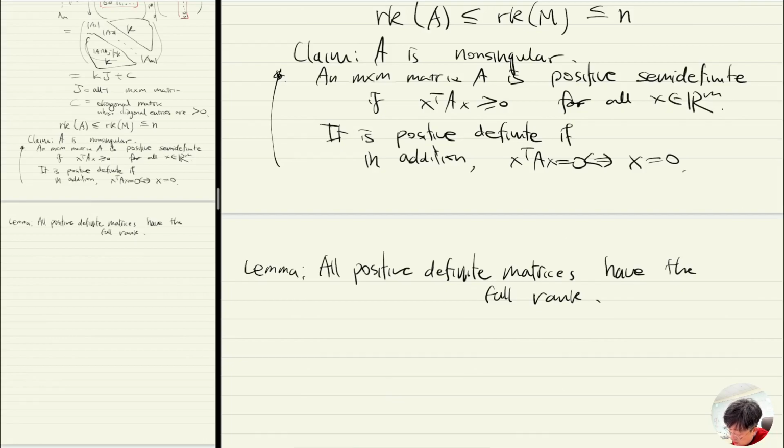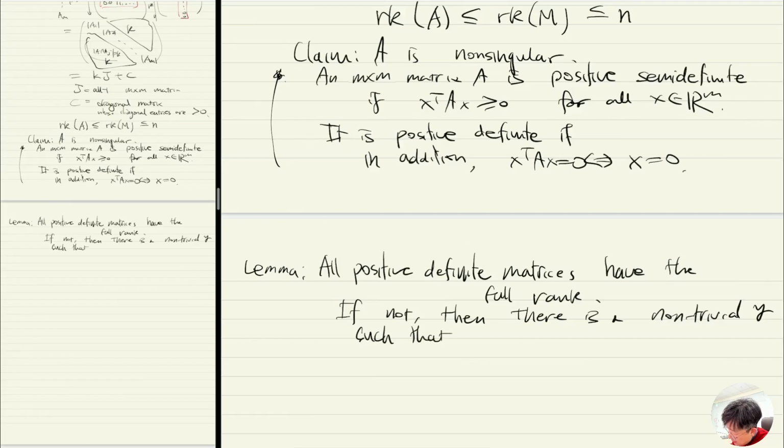Because if not, then there is a non-trivial y such that Ay is 0, so that implies that y transpose Ay is 0. So this is an easy proof.